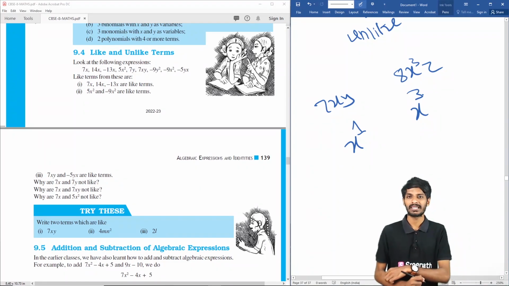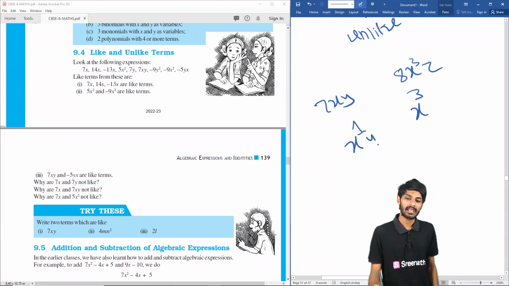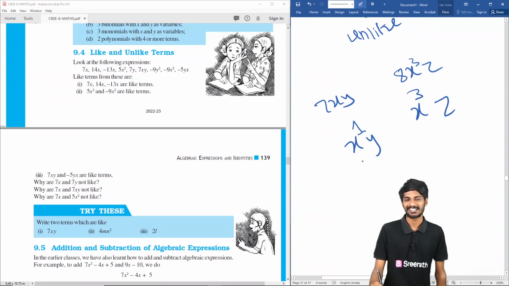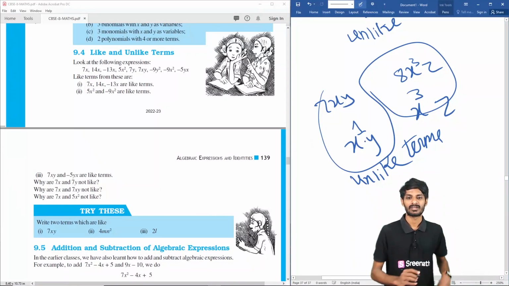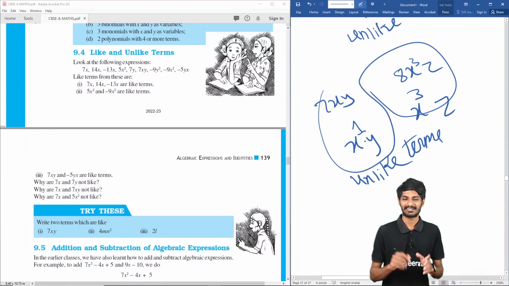So these are not like terms. And here we have another variable y, but here we do not have y. And here we have another variable z, but here we do not have z. So these two are unlike terms.